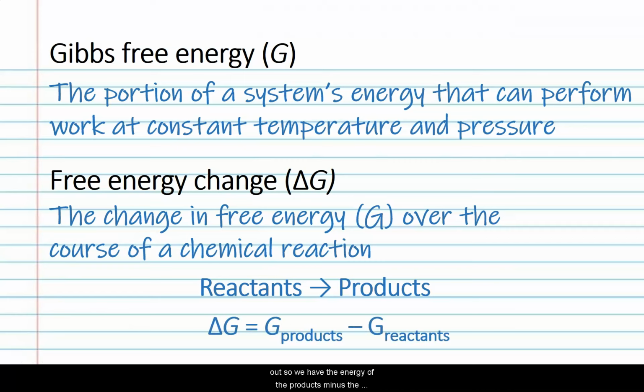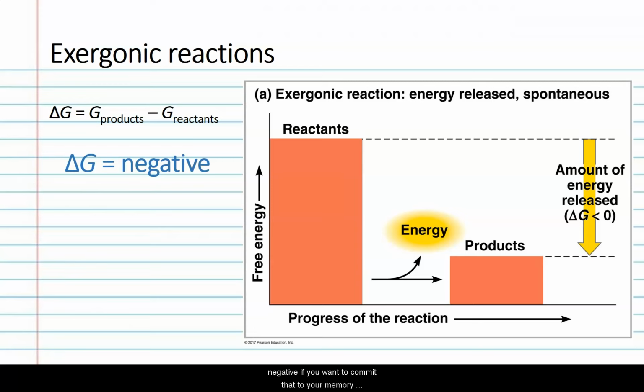Here, you're going to get a negative number. For our exergonic reactions, the delta G will always be negative. So you want to commit that to memory: an exergonic reaction has a negative delta G. If you see anything with a negative delta G, that means it's spontaneous, it's going to release energy.